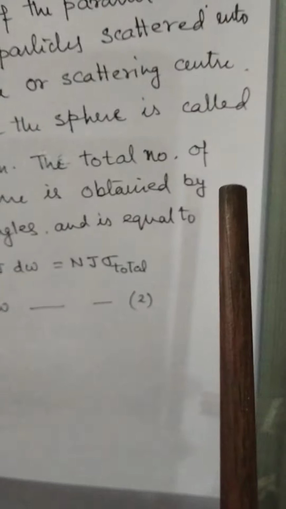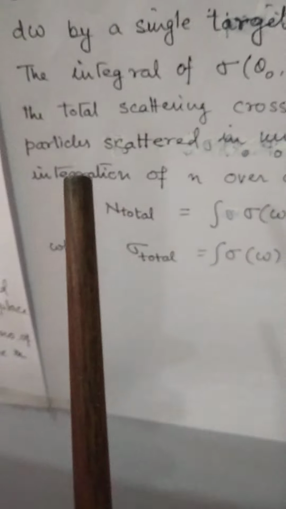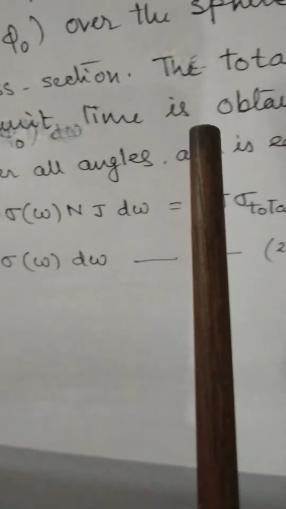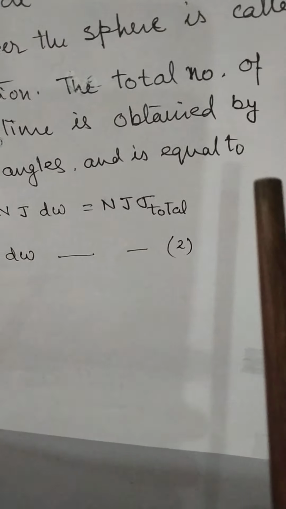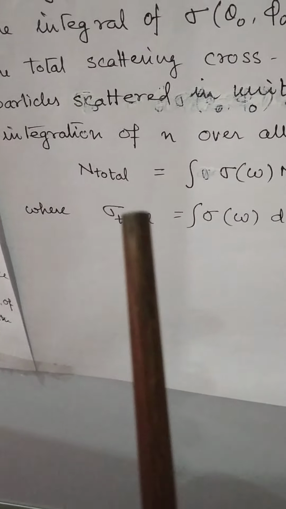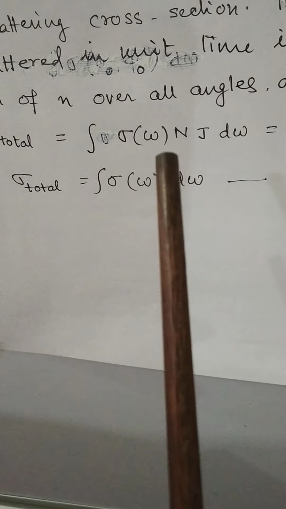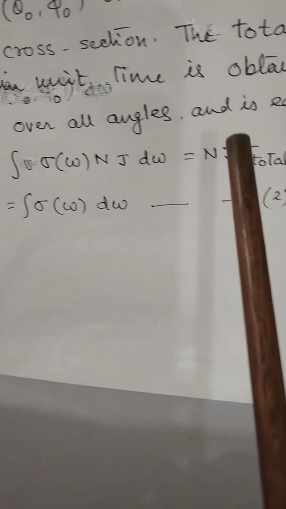The total number of particles scattered in unit time is obtained by integration of small n over all angles and is equal to capital N total, equal to integration of sigma of omega multiplied by J into d omega. This is equal to N J sigma total.